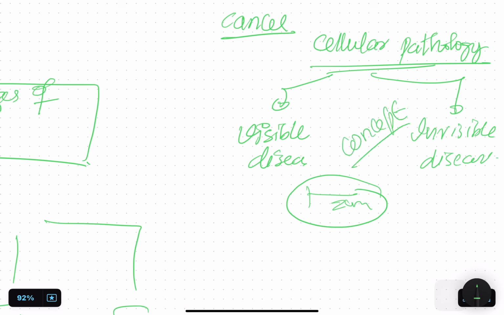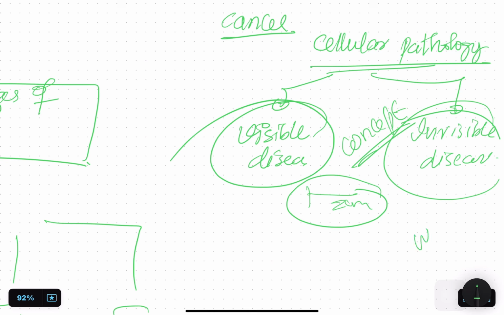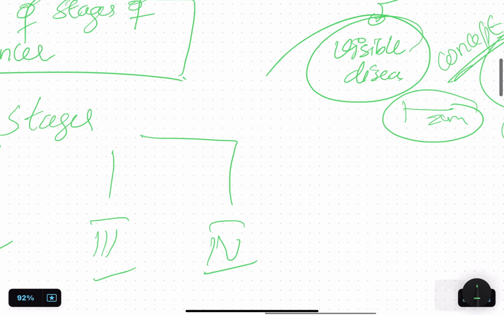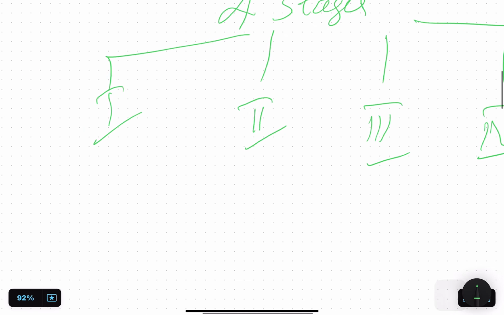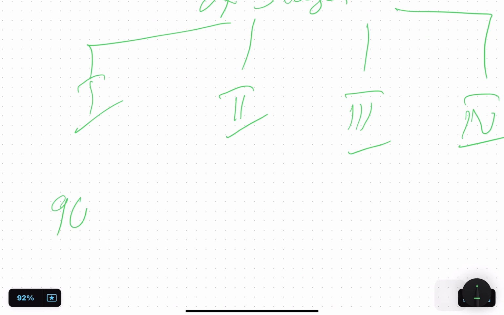And now, what cannot be seen in the microscope is called invisible disease. Based on this visible and invisible disease, we'll see how the stages are divided. See, in first stage 90% is visible, 10% is invisible.